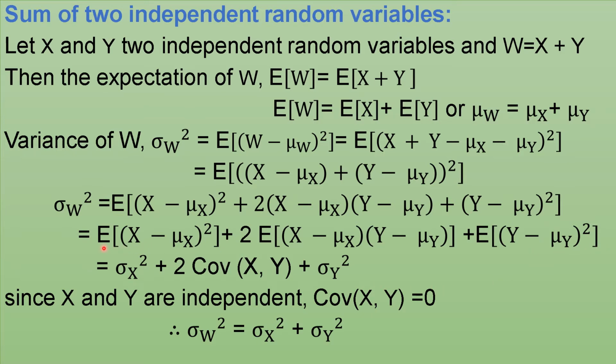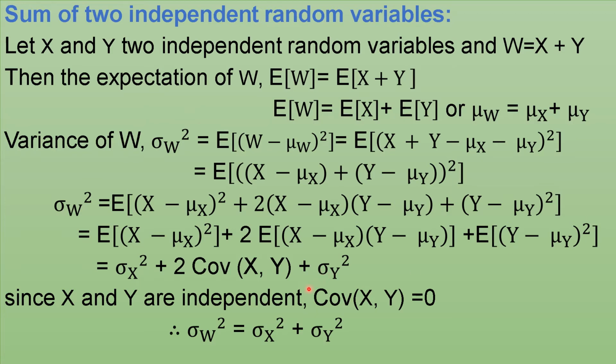Now by definition, the expectation of x minus mu x whole square is sigma x square, the variance of x, plus 2 into the expectation of x minus mu x into y minus mu y. By definition it is the covariance of x comma y. You can refer to the definition of covariance of x and y from the previous topic. Plus the expectation of y minus mu y whole square is the variance of y, sigma y square.